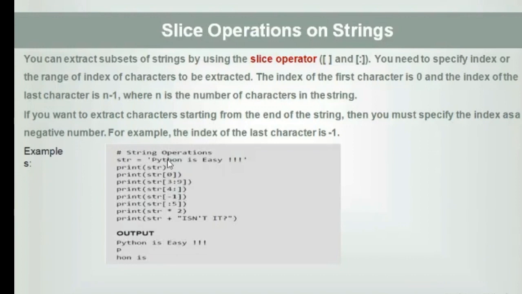So 3 means h, and from this it will start: 3, 4, 5, white space is 6, 7, 8. The 9th position is white space, so it will not take it. It will give the answer as hon, because it has to take up to the 8th position.